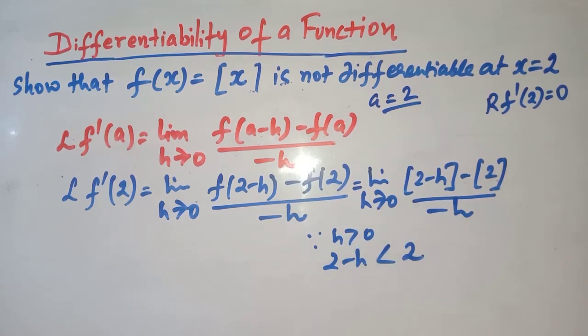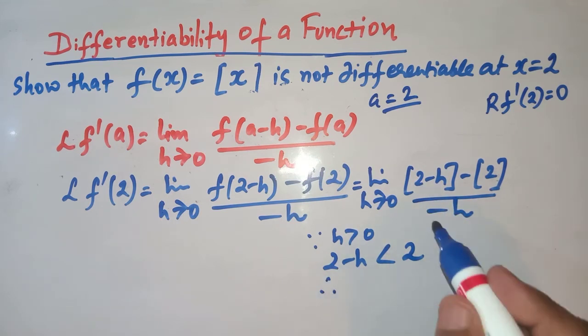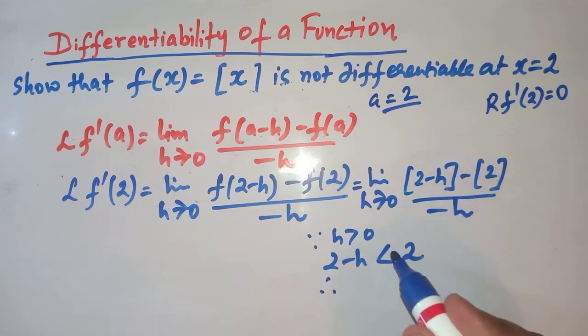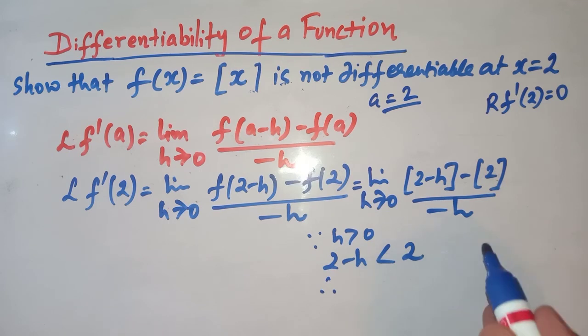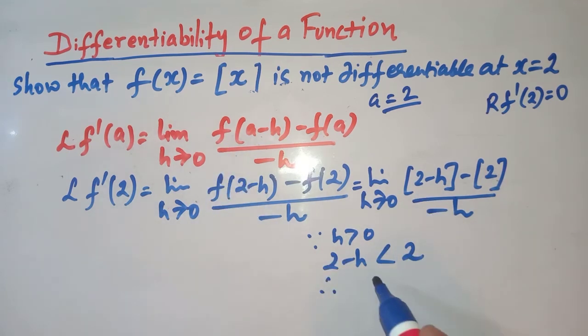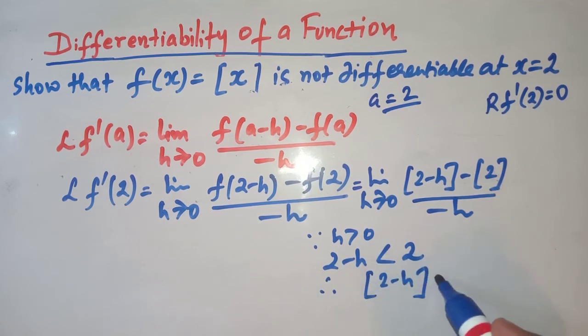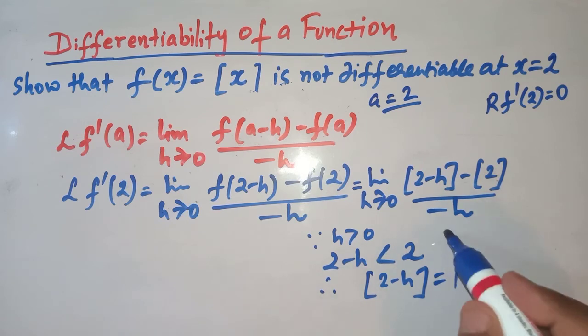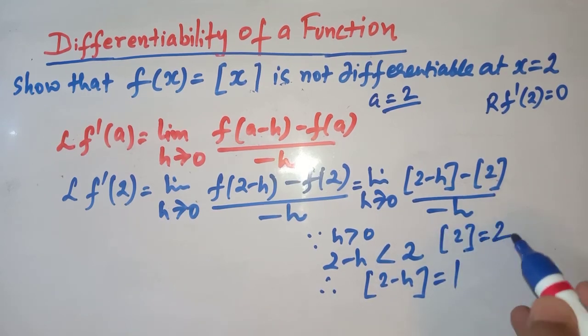Clear? 2 minus h is obviously less than 2. So therefore 2 minus h is say 1.9999. By the definition of the greatest integer function, the greatest integer of 2 minus h is equal to 1. Clear? And the value of f(2) is 2.